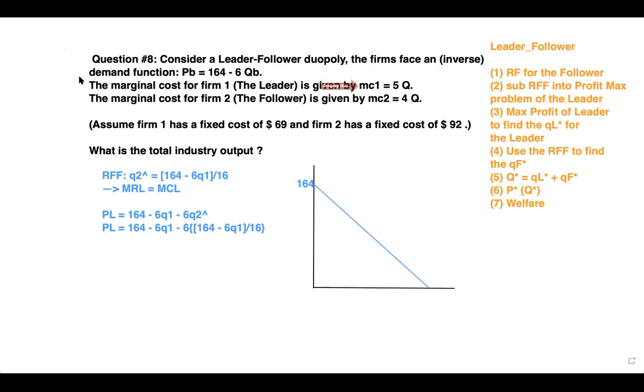And then if we knew the value of how much output Q2 was going to produce, if it was a constant number, then this whole bit here would just be a constant.